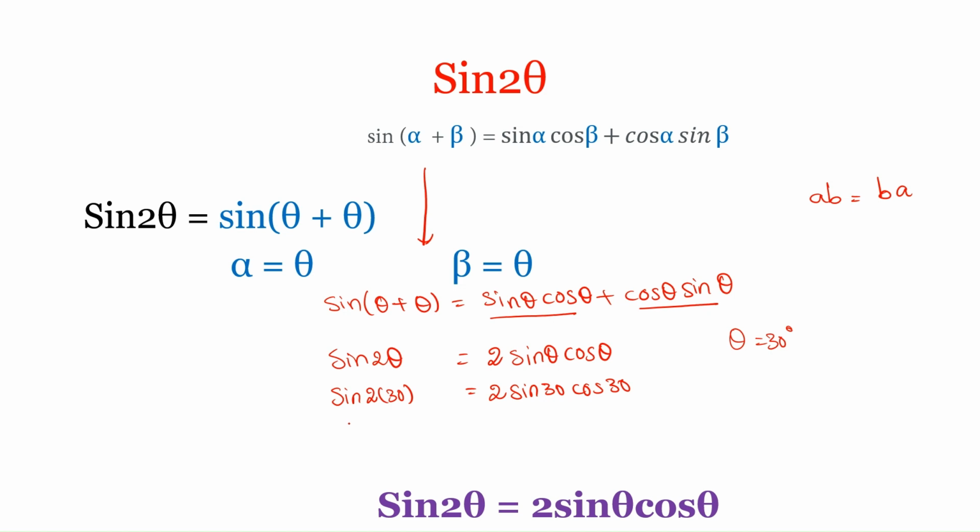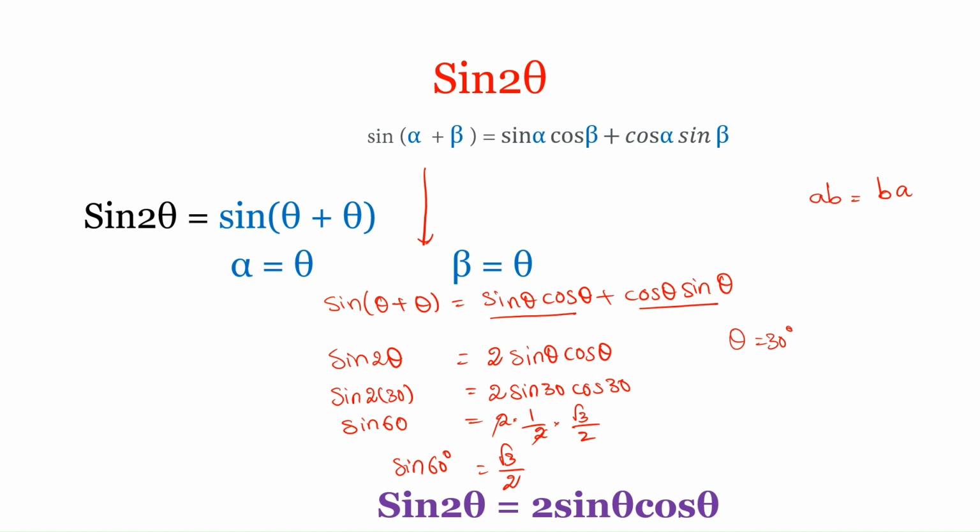So 2 into 30 is 60. So this becomes sine 60 equal to 2 into, we know sine 30 equal to 1 by 2 and then cos 30 equal to root 3 by 2. These two will get cancelled and this gives a result of root 3 by 2 as the value of sine 60. So here we found the value of sine 60 using the sine 30 value.